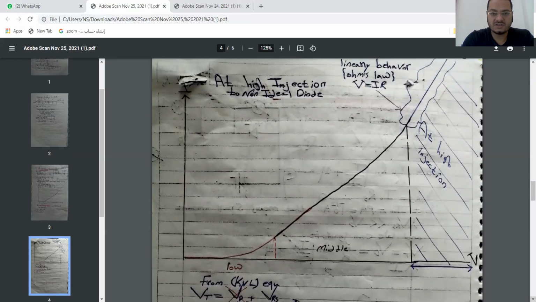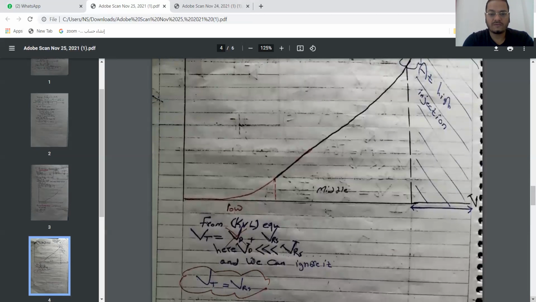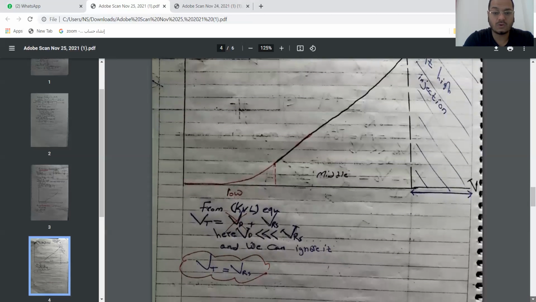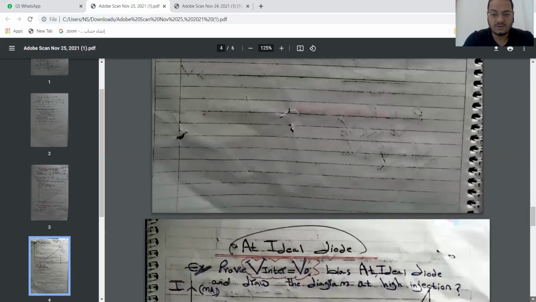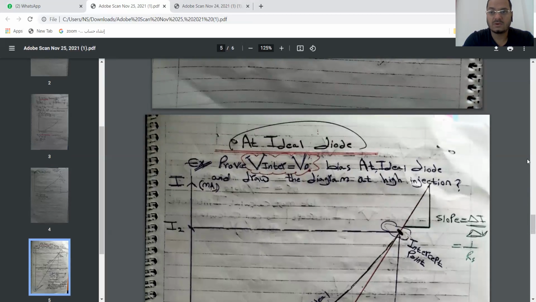At high injection for non-ideal diode, from the Kirchhoff equation, Vd plus VRS, Vd is very small, so we can ignore it, and Vt equals VRS. The same idea, the same way.